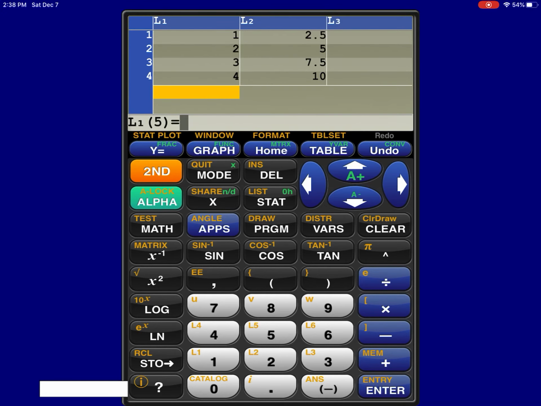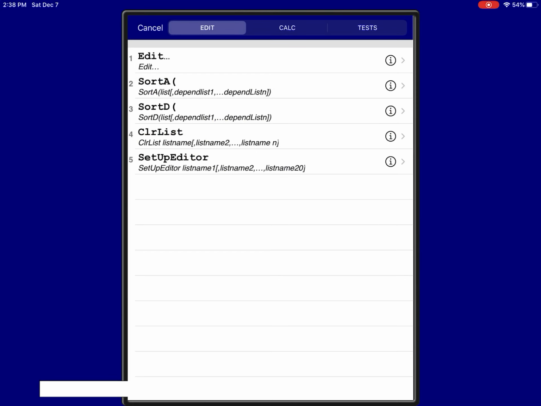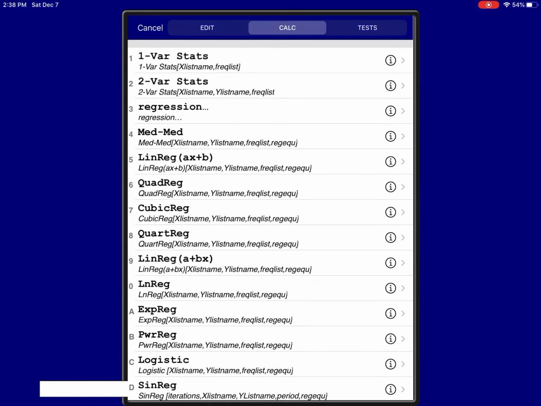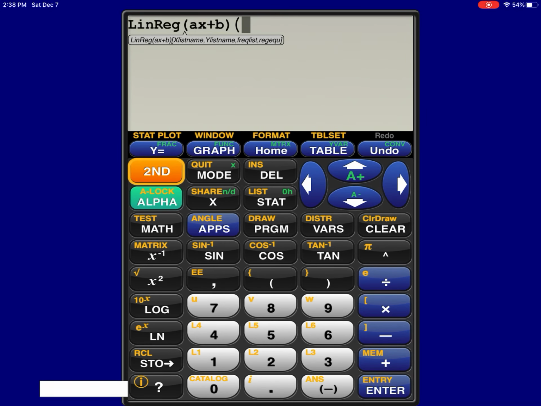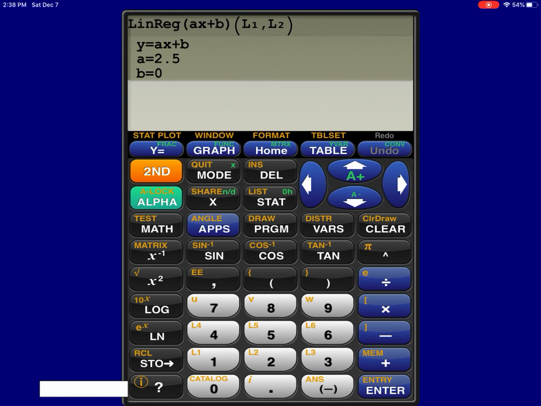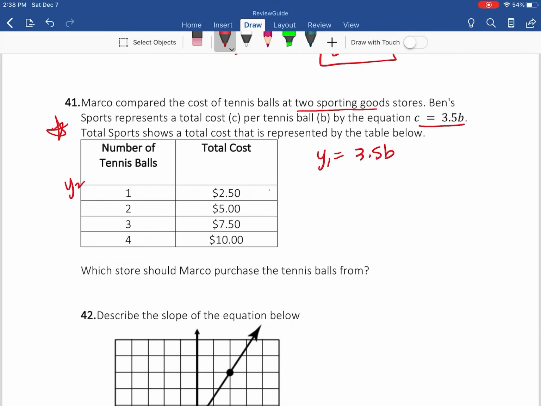And so I don't need this last one. And then I'm going to go to stat, and I'm going to go to calc, and I'm going to go to line regression. And that gives me an equation of y is equal to, so y2 is going to be equal to 2.5b.